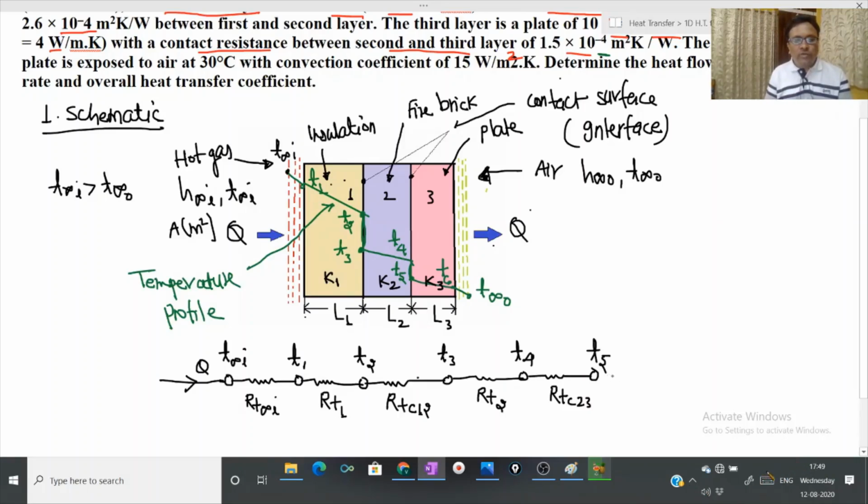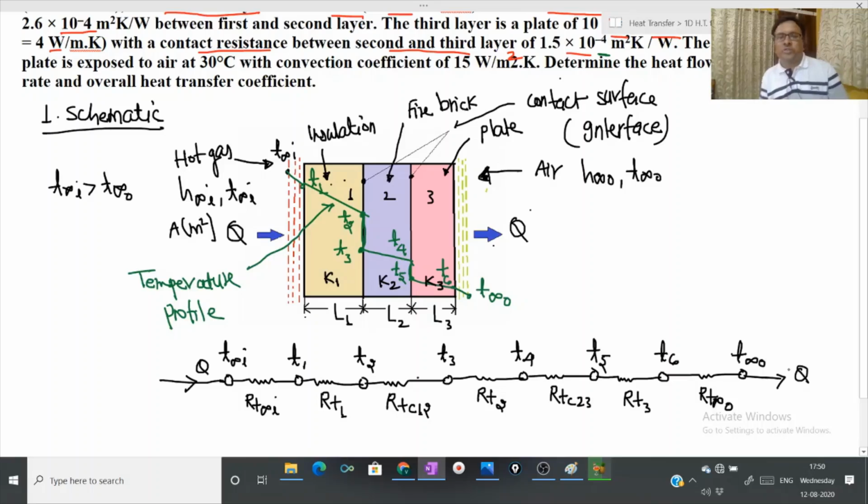The sixth thermal resistance will be offered by the plate between temperatures T5 and T6, and it is represented by RT3. And finally, the last convective thermal resistance will be offered by cold air film and represented by RT infinity O, and heat will transfer to the cold air.